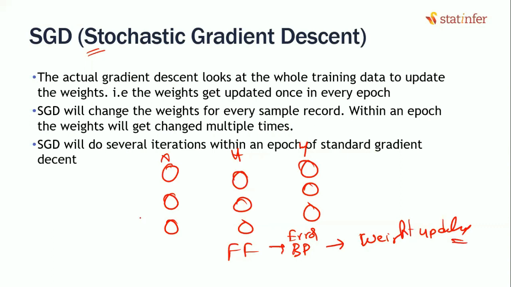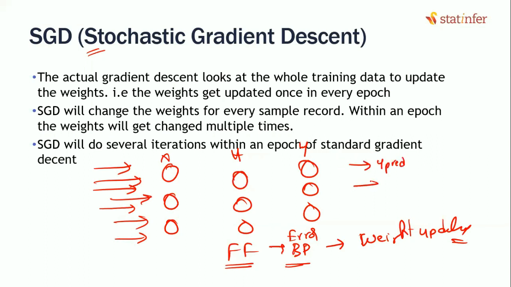Now listen to me carefully. While doing the feed forward and calculating the error, if you are sending the full data and calculating the y actual values and the y predicted values, that means you send the first data point, second data point.